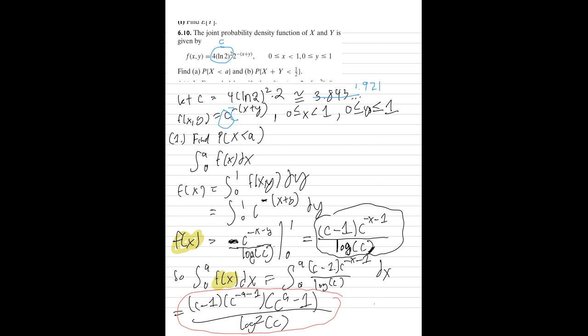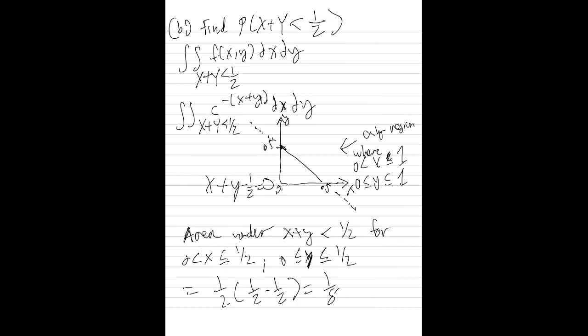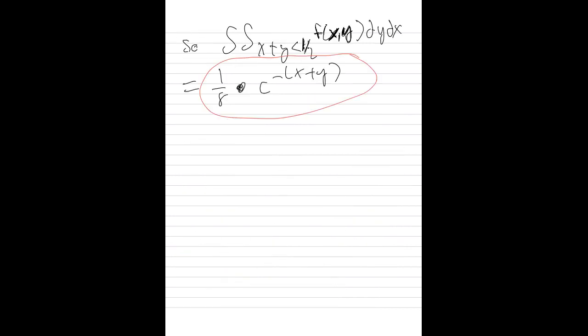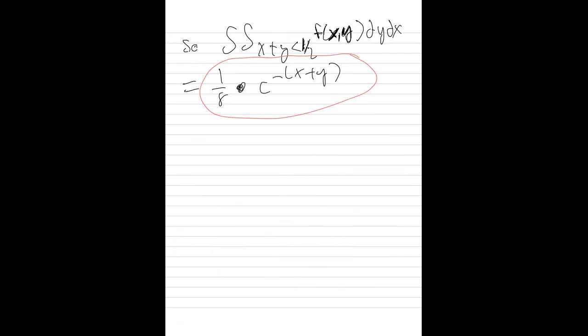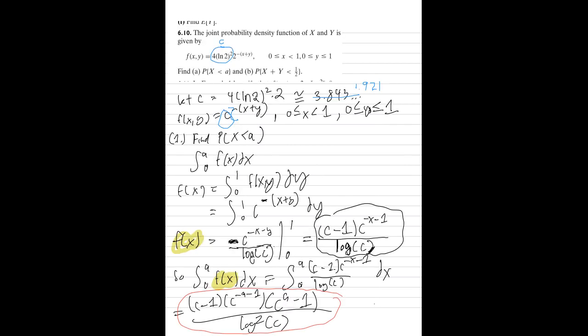Okay. So we have to find probability x less than a. So we take the integral from a to 0 of fx dx. Fx is equal to the integral from 1 to 0 of the joint distribution with respect to y, and I've got to use the calculator for that part.